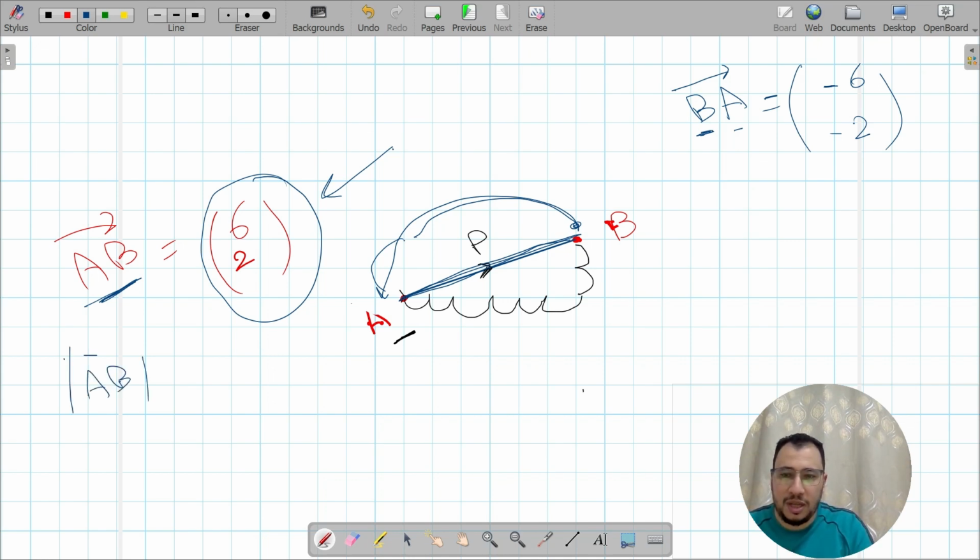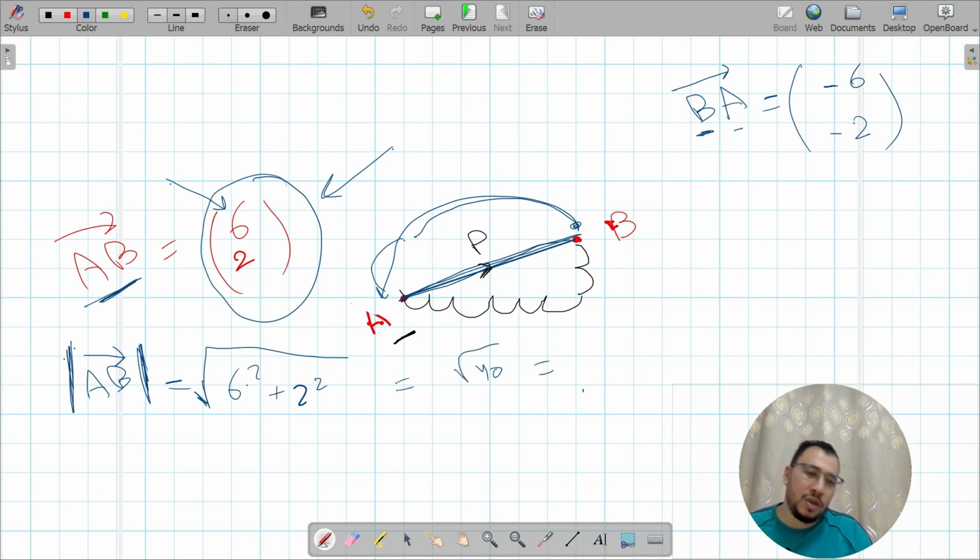If I need to get the magnitude of AB, we write it like the absolute value. To get the value of that, we simply use it like finding the hypotenuse in Pythagoras: 6 squared plus 2 squared. Then, for example, here it is going to be root 40. You can get the decimal answer as you like, no problem at all.